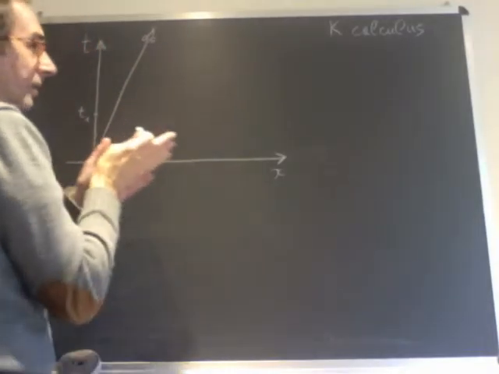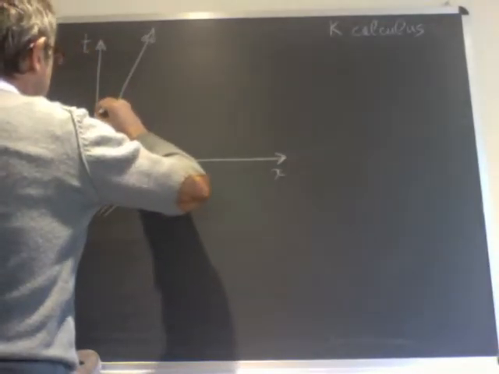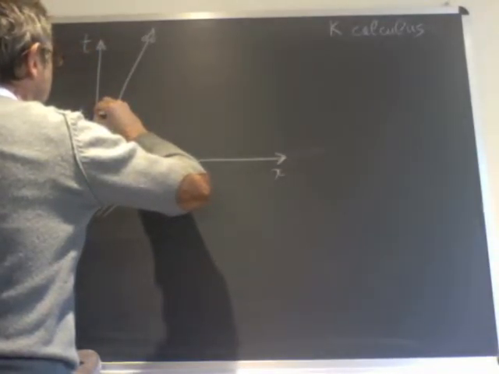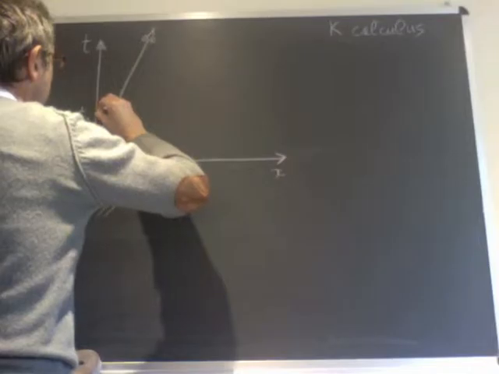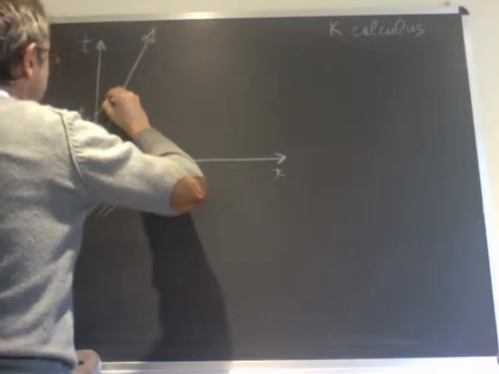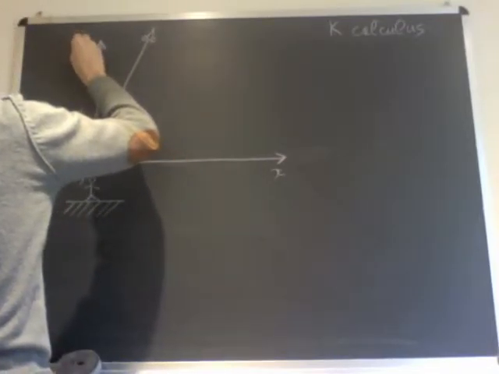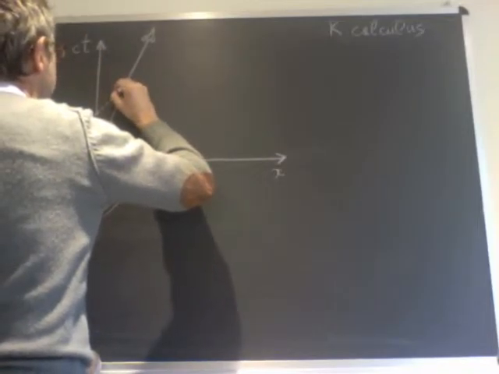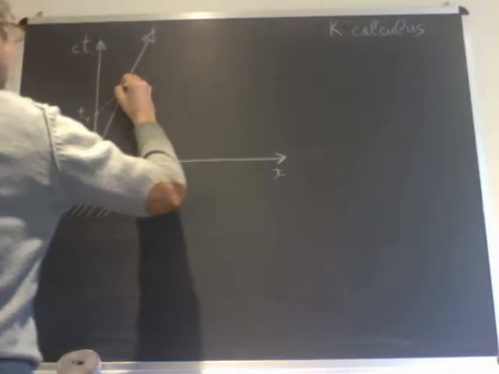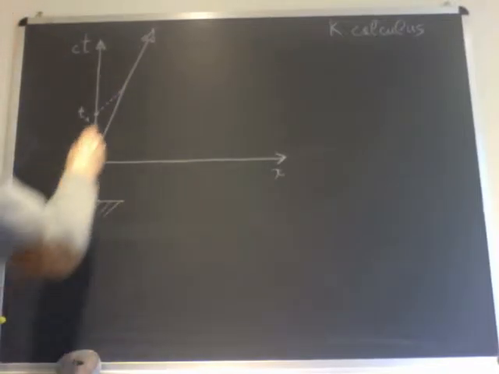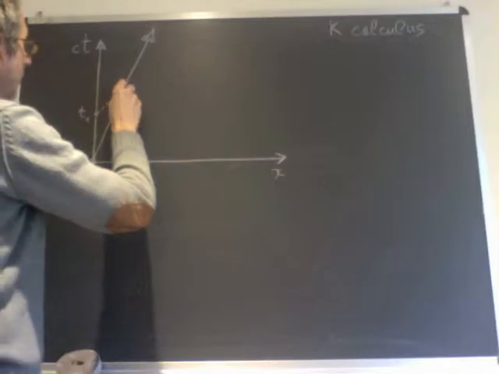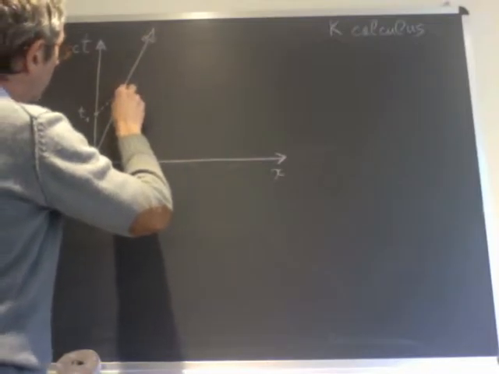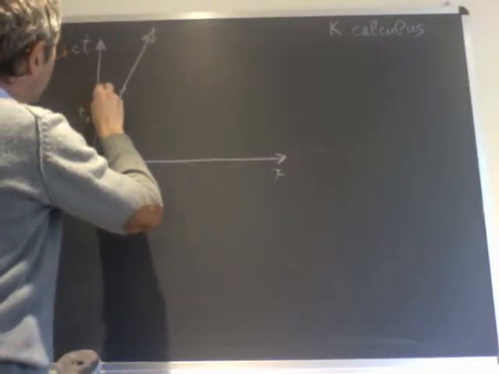Okay, so it's the beam of light, the photon, moving at the speed of light. Let's say that this is the coordinate ct, so this is 45 degrees. The photon reaches the rocket at a certain time.